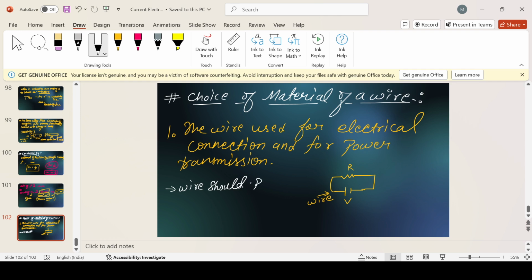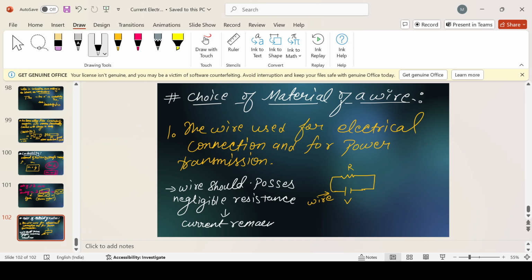The wire should possess negligible resistance. That means if the resistance is very small, then it will be very good for that wire. Because if the wire resistance is negligible, then what will happen? The current will flow easily.